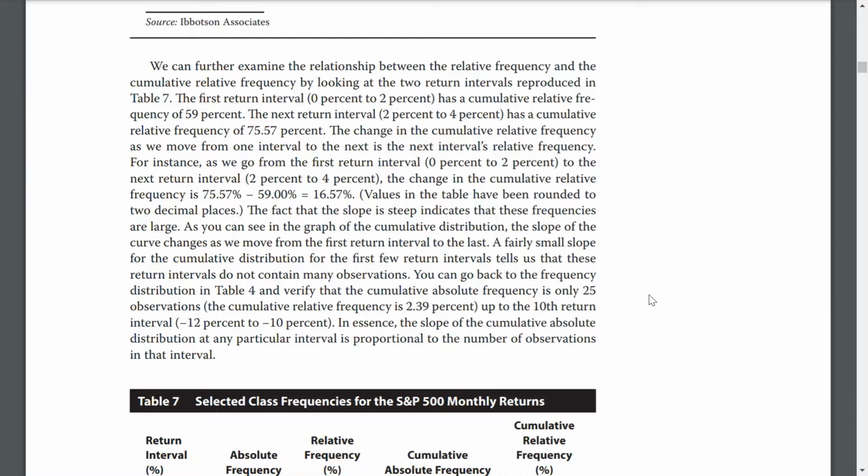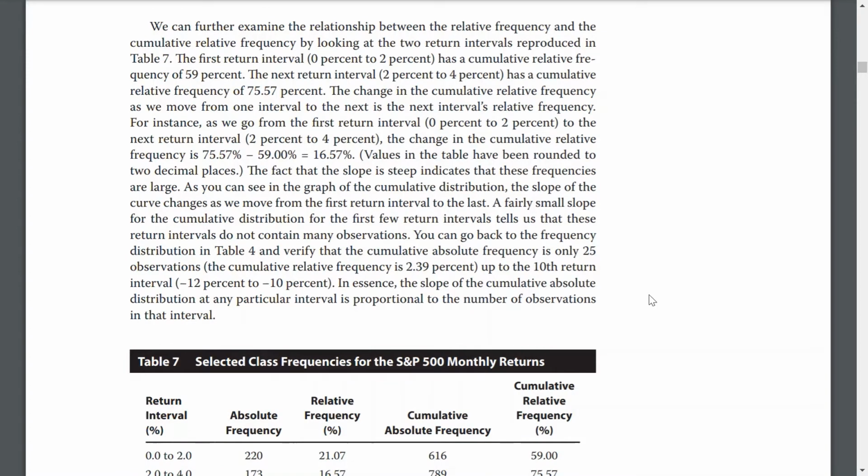You can go back to frequency distribution Table 4 and verify that the cumulative absolute frequency is only 25 observations. The cumulative relative frequency is 2.39% up to the 10th return interval, between negative 12 and negative 10%.